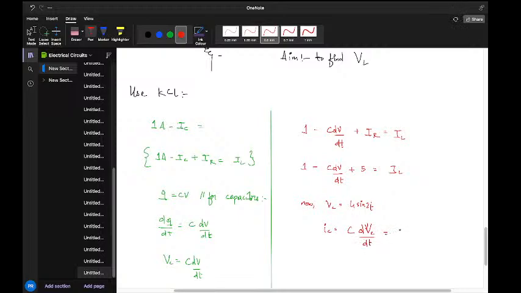We know the value of C, which is 1 farad out here, multiplied by 4. Differentiation of sine is nothing but cos 2t, and you multiply it with 2 over here. Okay, so I of C is just going to be equal to 8 cos 2t. Cool, guys?